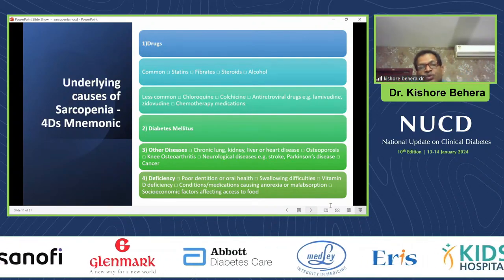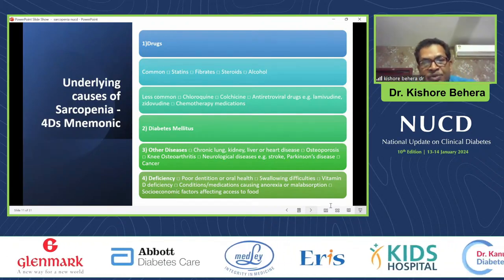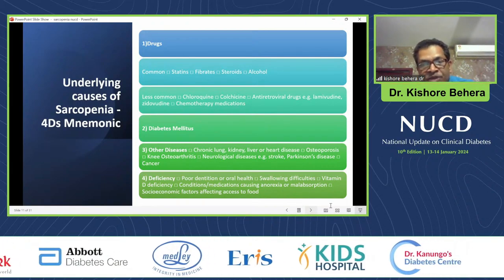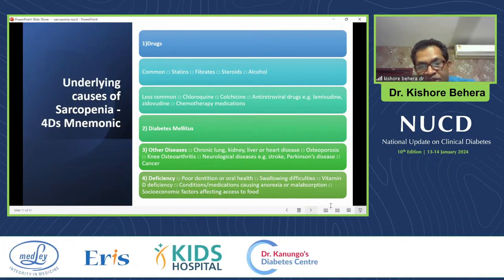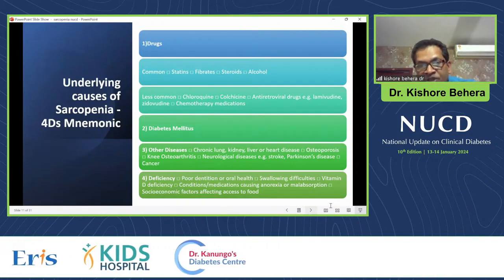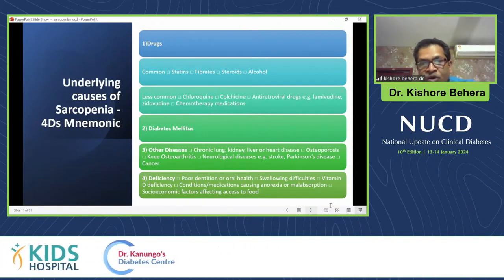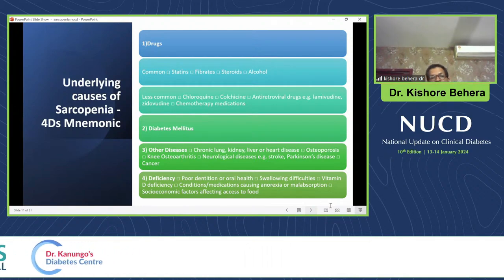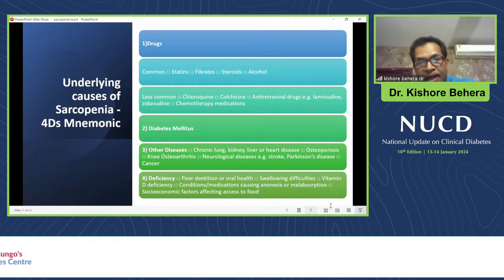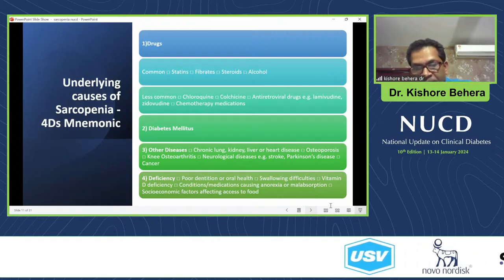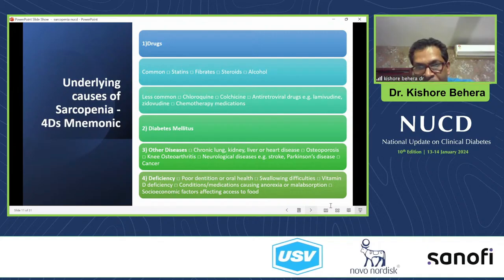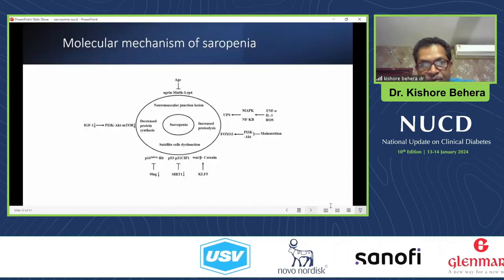Most importantly, what we get in day-to-day life is type 2 diabetes, because diabetes prevalence keeps on increasing, and other diseases like chronic liver disease, kidney disease, heart disease, and osteoporosis, which is called osteosarcopenia. Deficiencies like poor dentition, where the patient can't take food, vitamin D deficiency, and other anorexia, malabsorption can lead to sarcopenia.